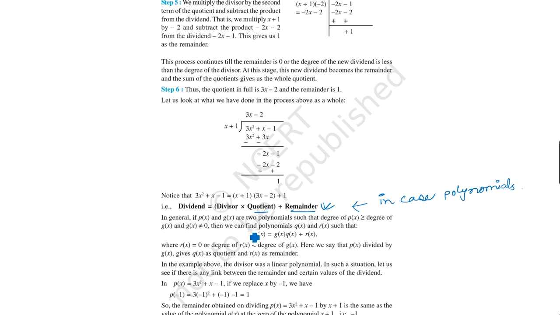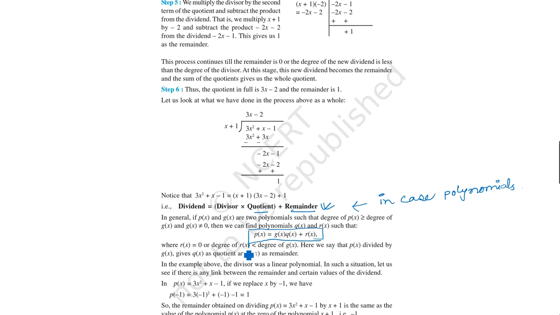So this is our formula. If P is the dividend and G is the divisor, then we get P(x) equals G(x) into Q(x) plus R(x). We get Q(x), the quotient, and the remainder, uniquely.